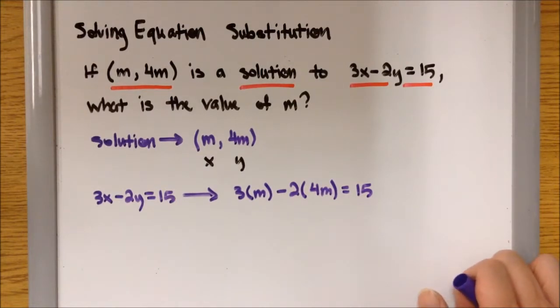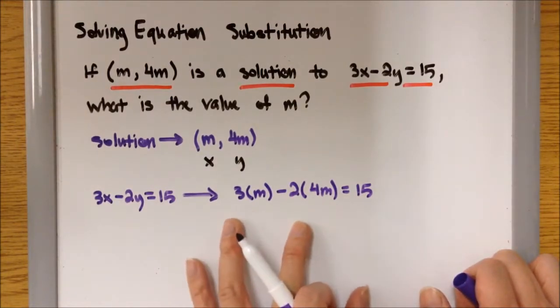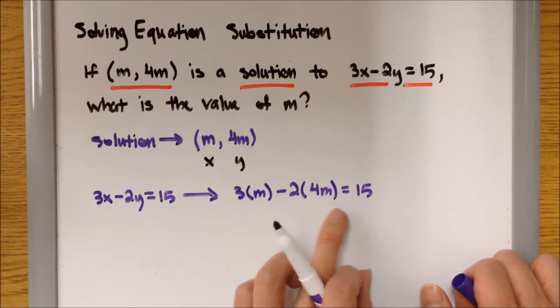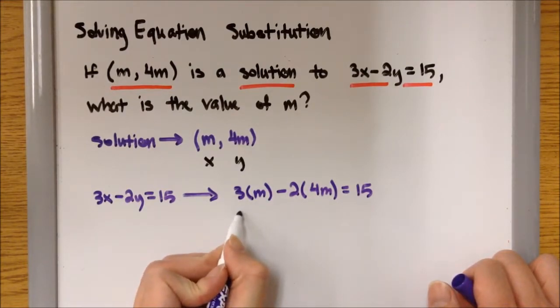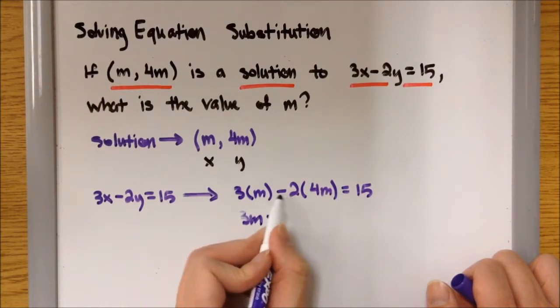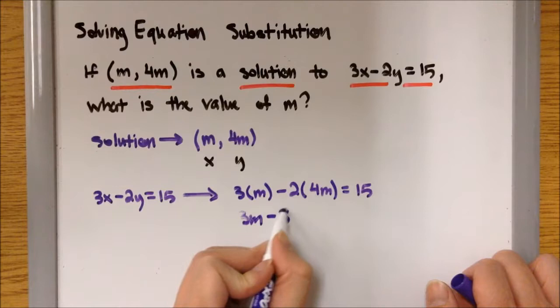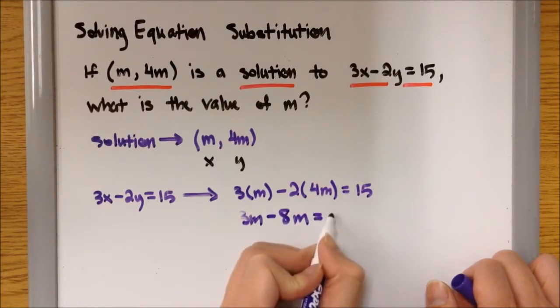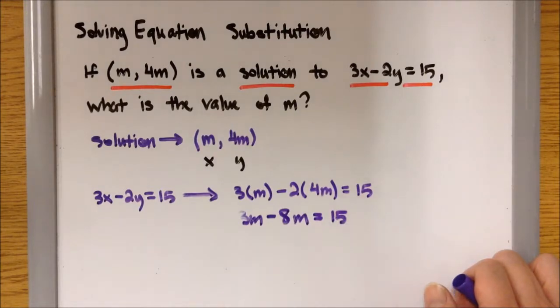And when we simplify, we're going to multiply the 3 to the m and negative 2 to the 4m, which means we would have 3m minus 2 times 4m, that's minus 8m, equals 15.